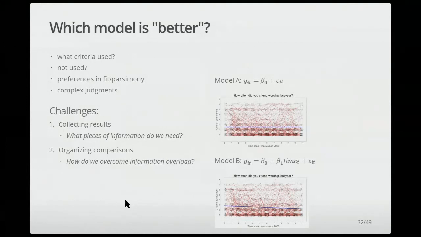How do we organize those comparisons so that we don't suffer from information overload and don't lose the information we're trying to recover from them? When you have two models, it could be easy. When you have 10 models, it's much more difficult. When you have 50 or 60 models, it becomes an ordeal. So today we'll look at possible solutions the technology offers us for this challenge.